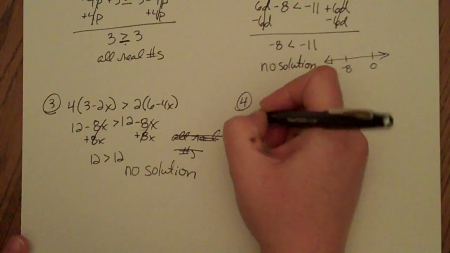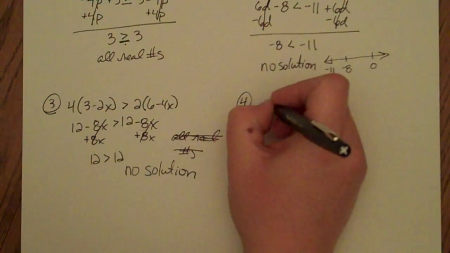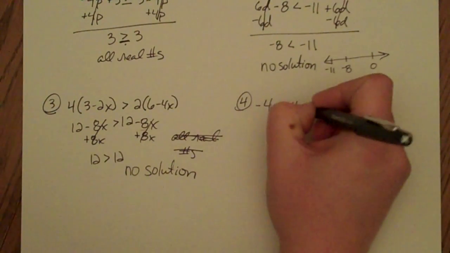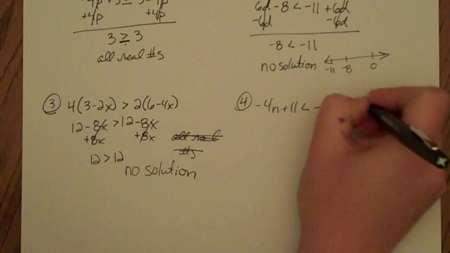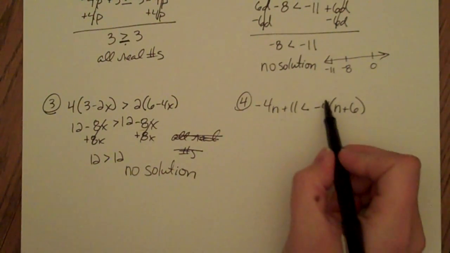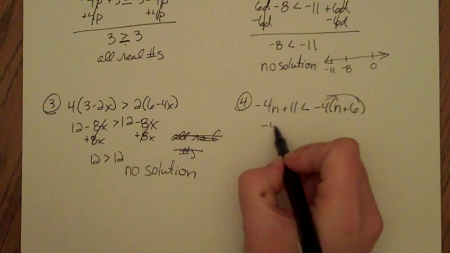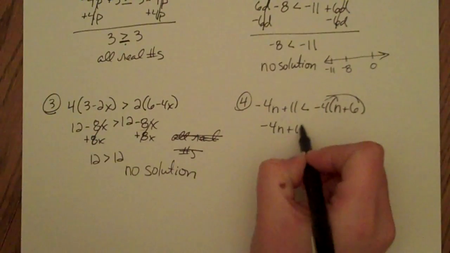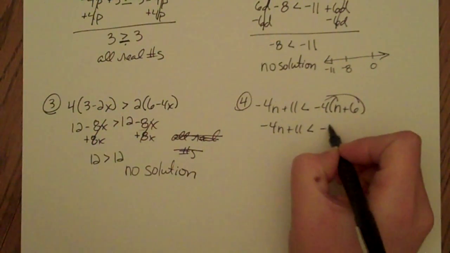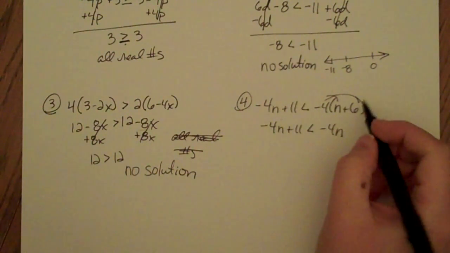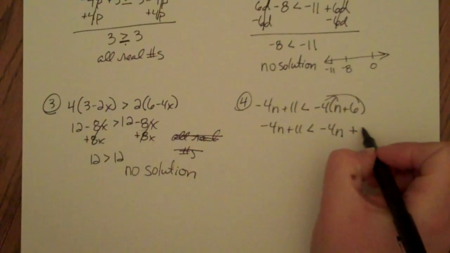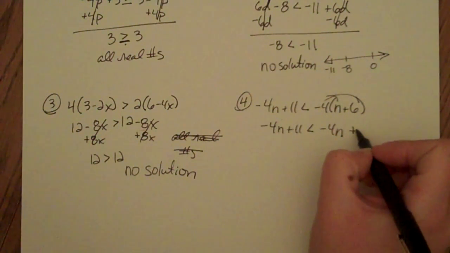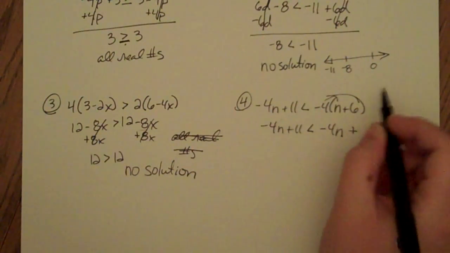Number 4, our last example here, we have negative 4n plus 11 is less than negative 4 times n plus 6. So again, we want to distribute over here. So we have negative 4n plus 11 is less than negative 4n plus, we've got a negative times a positive.